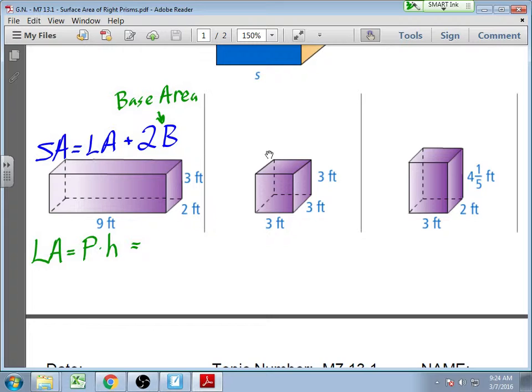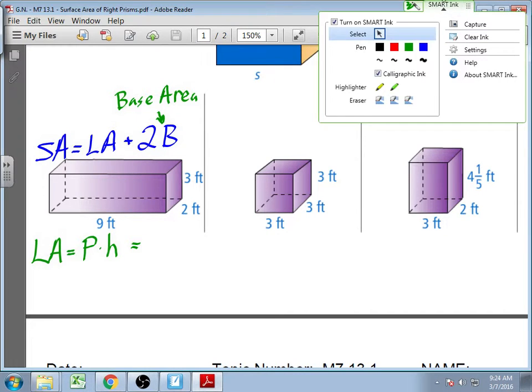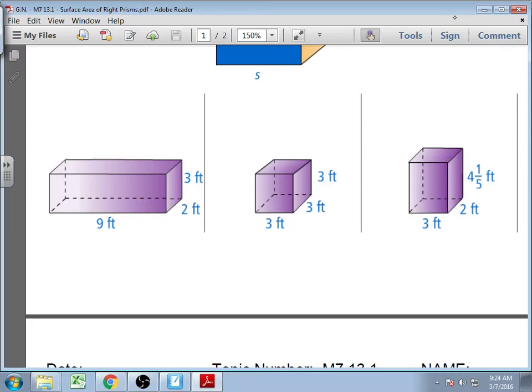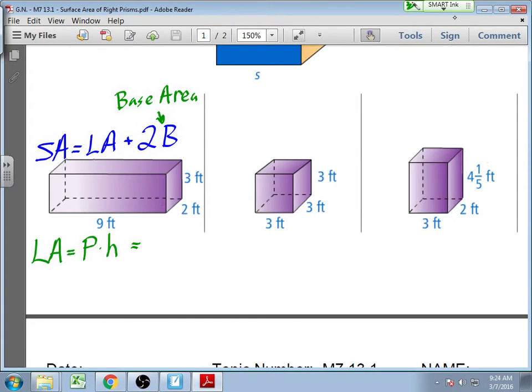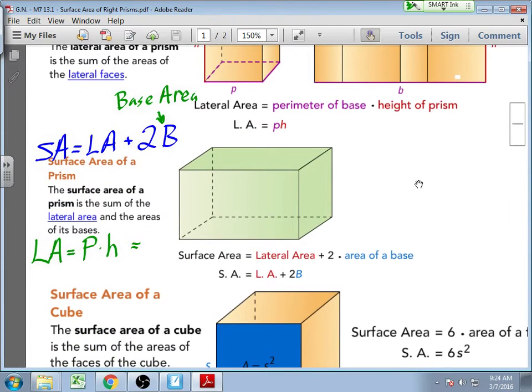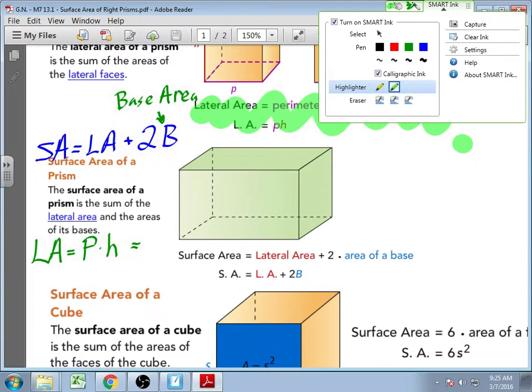That perimeter is the perimeter of the base. And if you look a little bit higher up on your paper, this formula is up there. If you didn't highlight it or circle it or something, I would. Right up here, here's your lateral area formula: perimeter of the base times height of the prism.